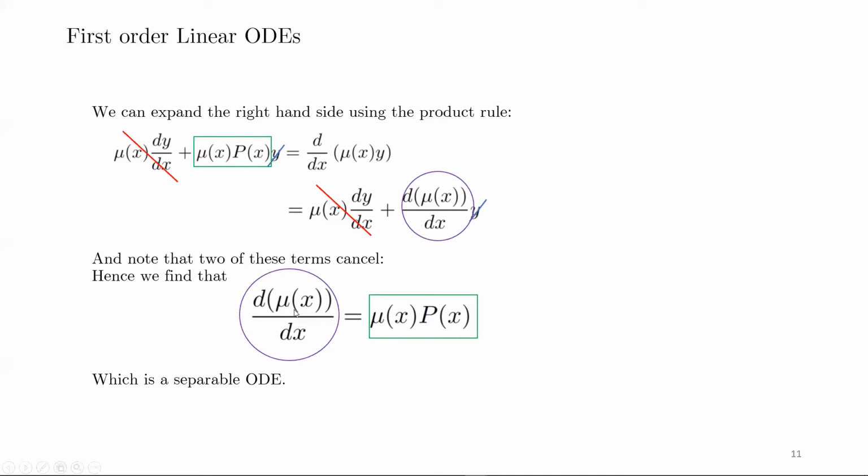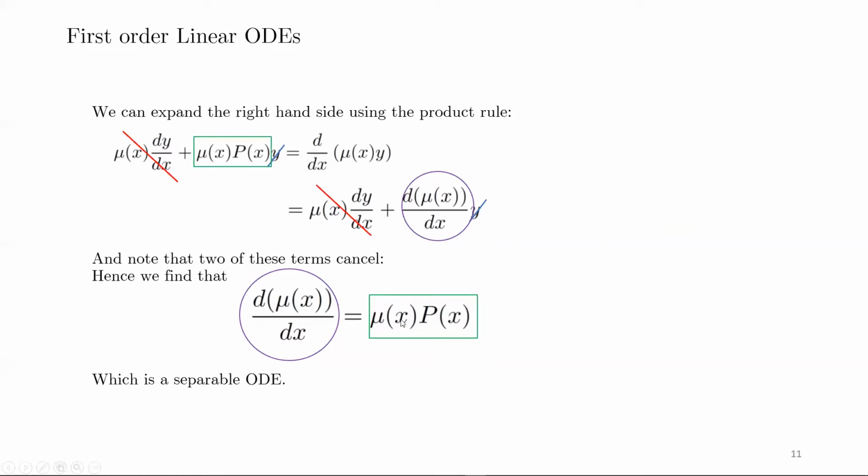The thing to notice here is that you can think of this mu of x as being some new variable, and if you do that, you can see that this is actually a separable ODE, which we looked at in the last class, lecture 4.